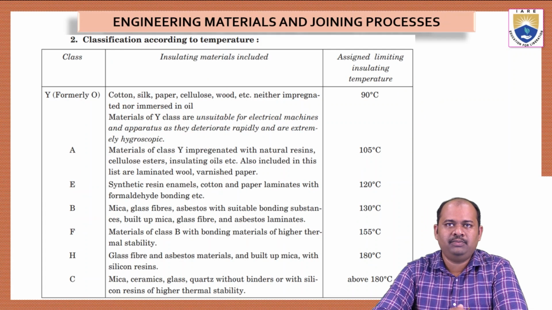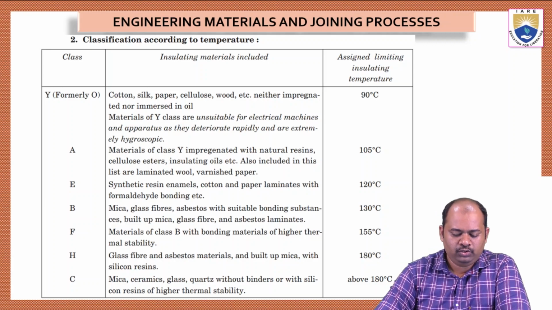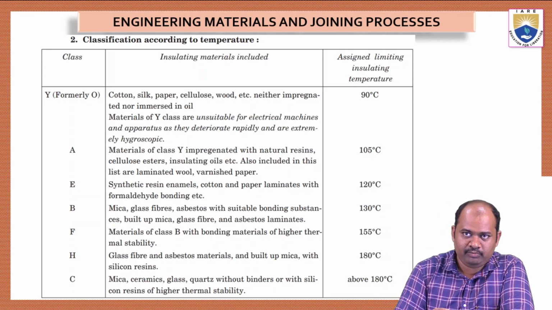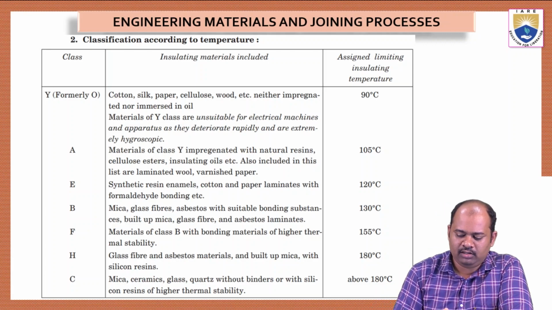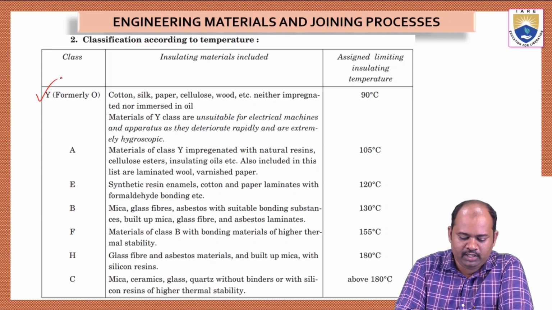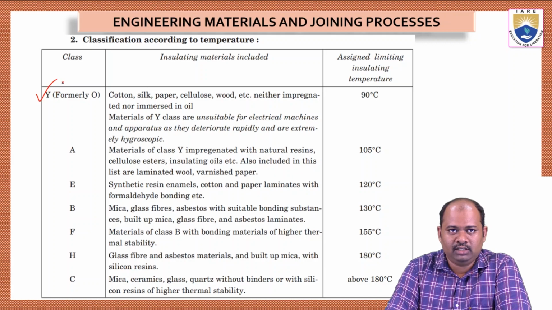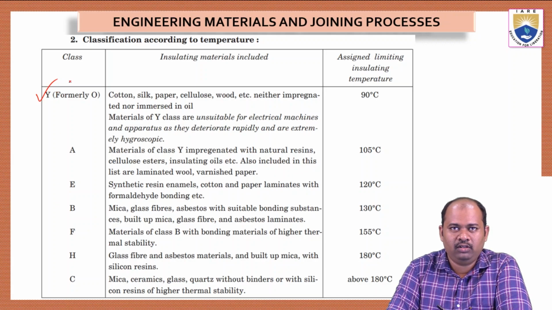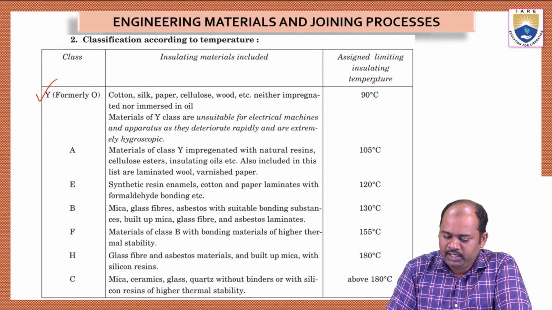Now let us see the classification according to the temperature. There are different classifications based on the temperature at which the bodies will act as insulators. Class Y is the class by which we define all the insulators, where the assigned limiting insulating temperature is 90 degrees centigrade.